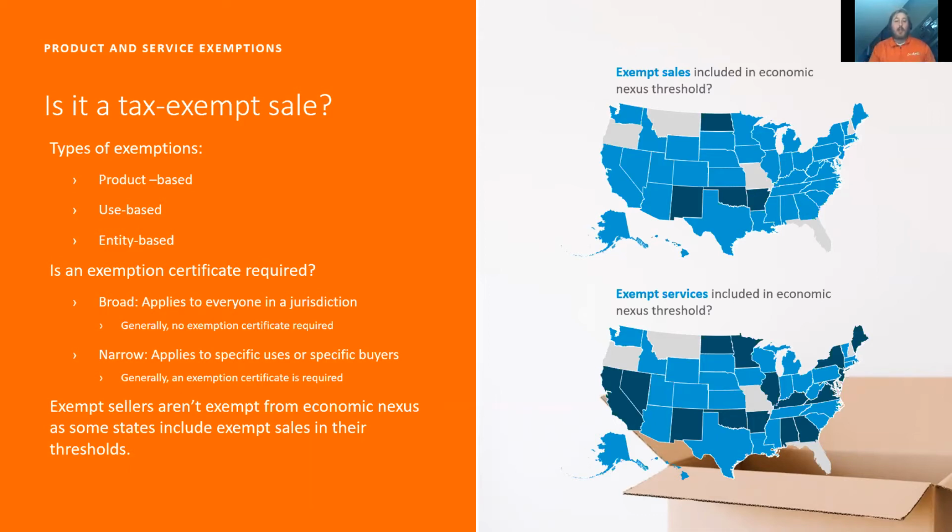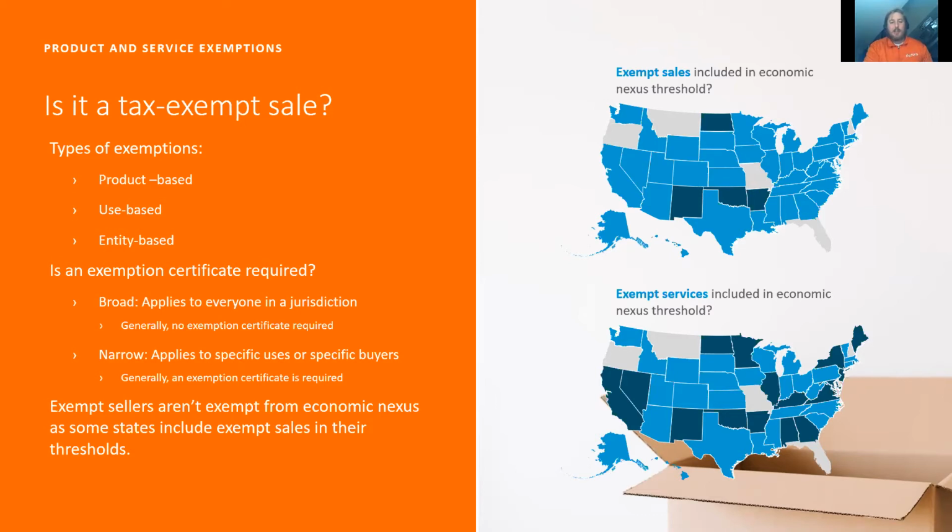Not only do you have nexus and should you be either charging tax or collecting an exemption certificate, but also now, once you've established that you have that obligation, is the product that I'm selling taxable? Or is the consumer that I'm selling it to, based on how they're using it, does that make it non-taxable? Or the particular entity, right? Are they a government agency?